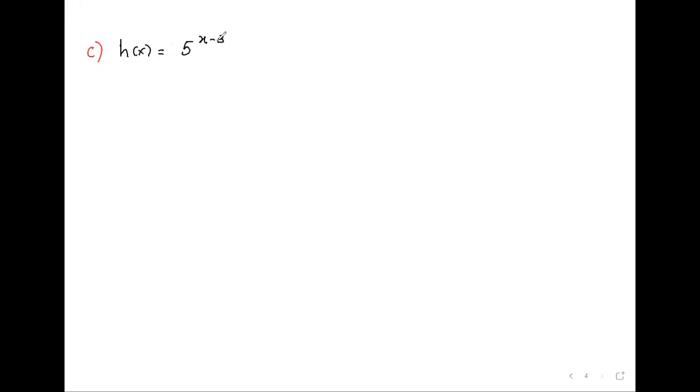So to sketch this, maybe we just need to find the y-intercept. What is h of 0? That is 5 to the power 0 minus 3, which is 5 to the power negative 3, which is 1 over 5 power 3, which is 1 over 125.